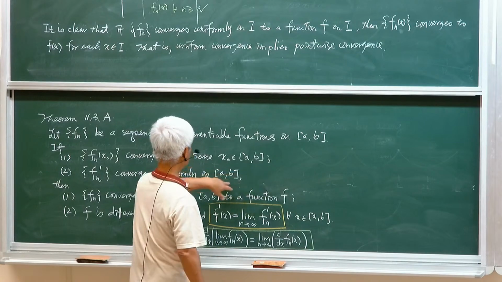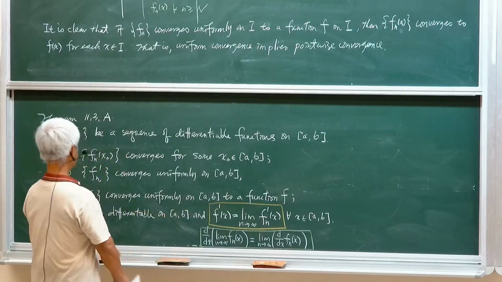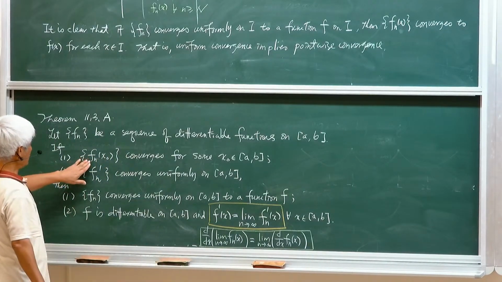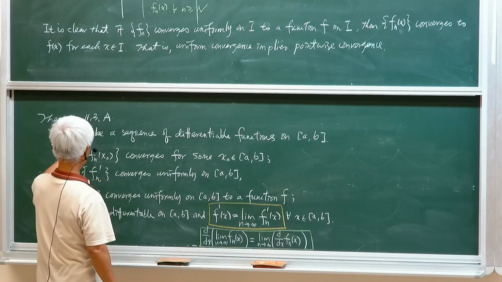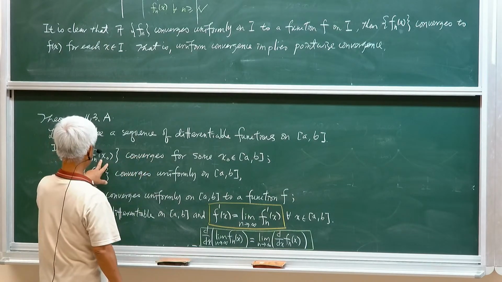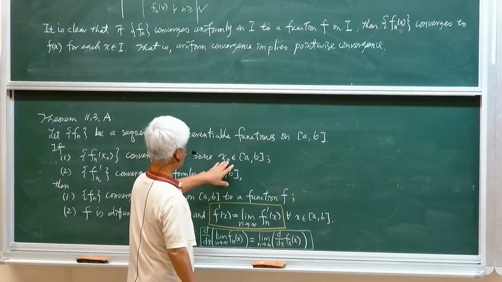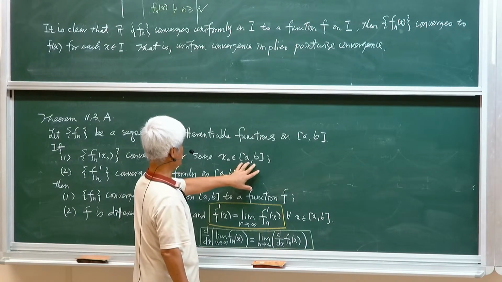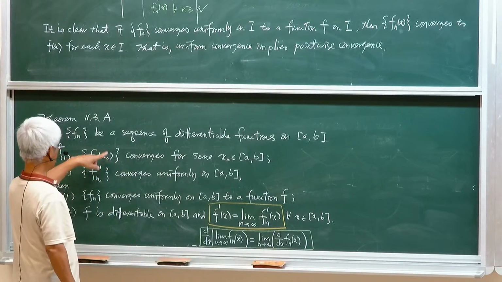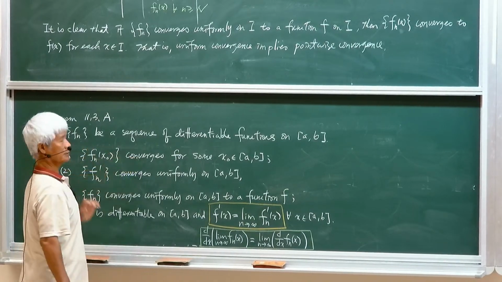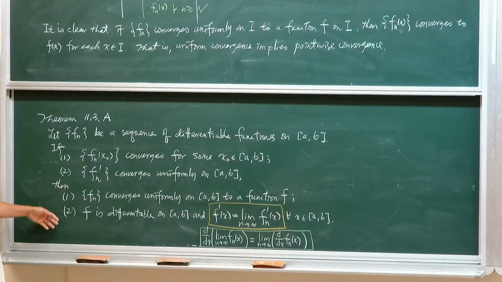And we should also know that this sequence converges at some point, that there is a point x0 in the interval AB such that this numerical sequence converges, to guarantee these two results.